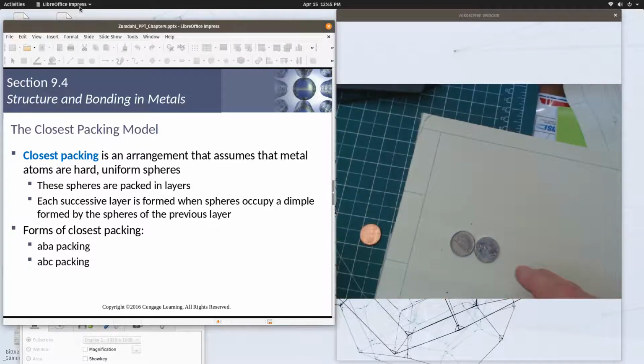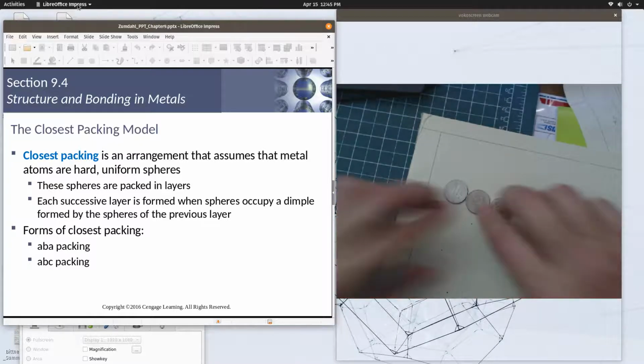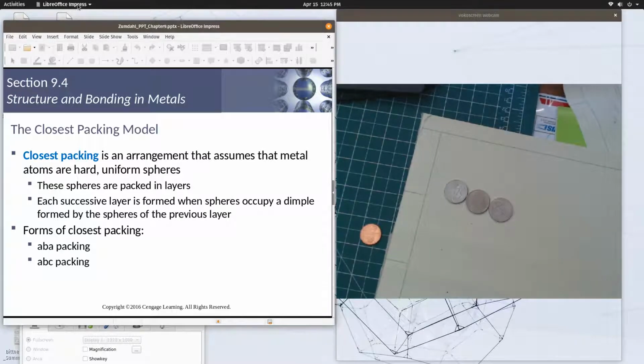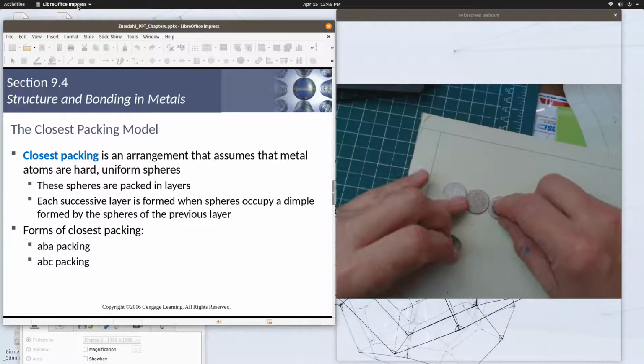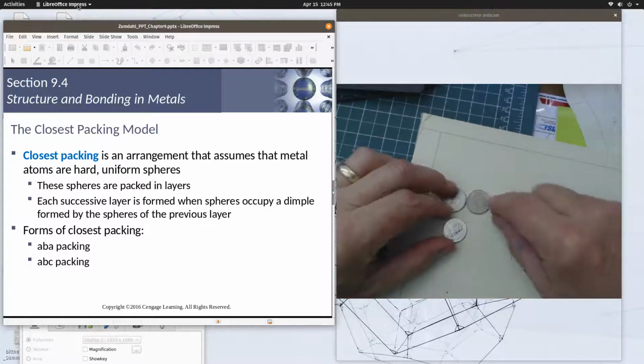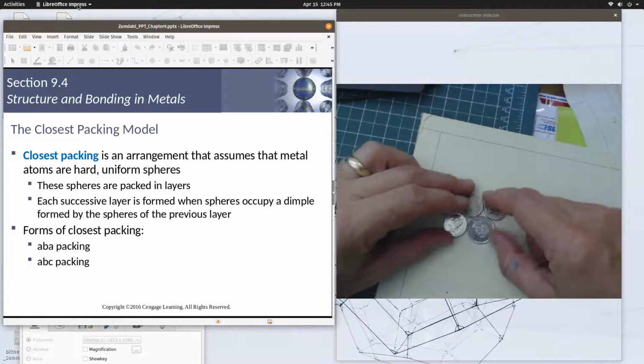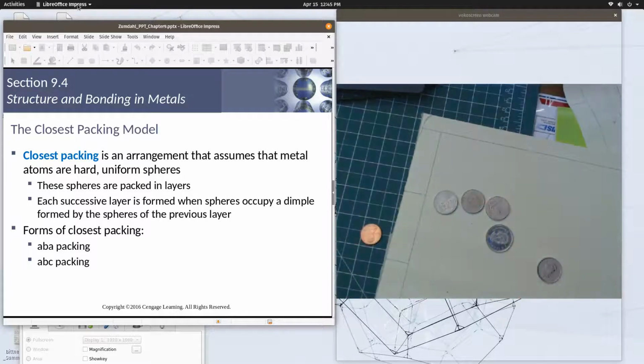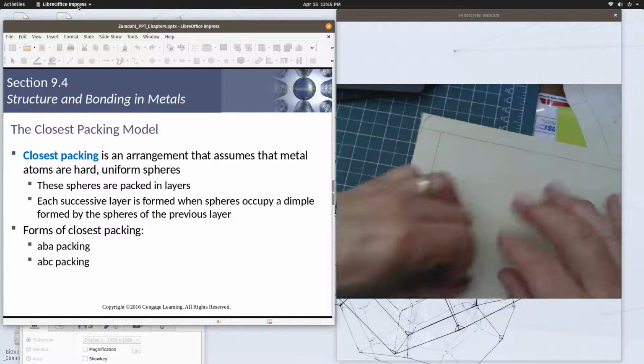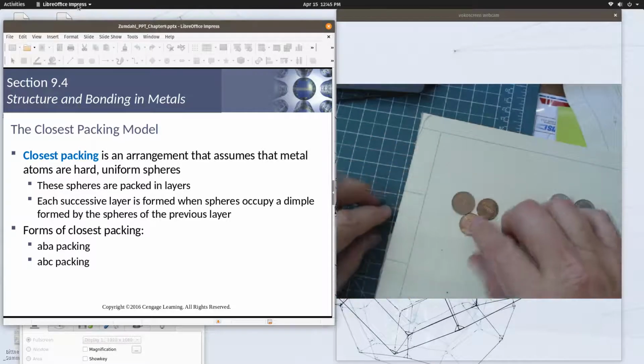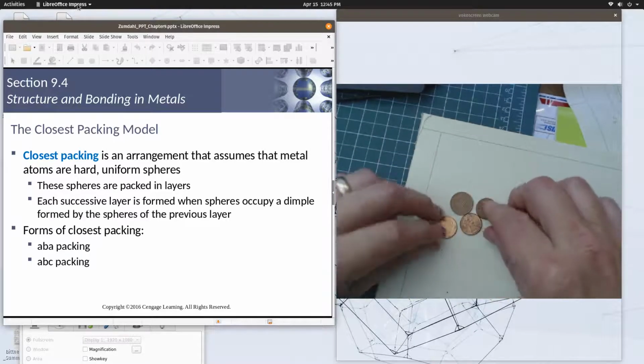So the closest packing arrangement of pennies or coins like this would be something like this. Well, they're not quite all the same size. Maybe if I have 2, 3, 4. Here's a closest packing arrangement of pennies.